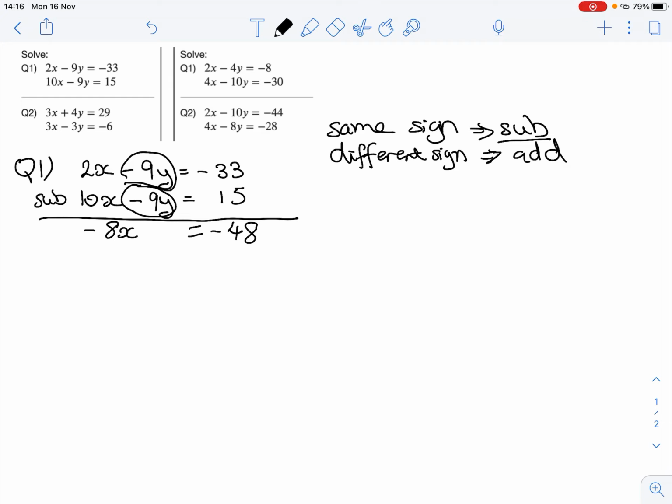Therefore, minus 8x equals minus 48. Therefore, x equals, we divide by minus 8 on both sides of the equation, so we have minus 48 divided by minus 8.